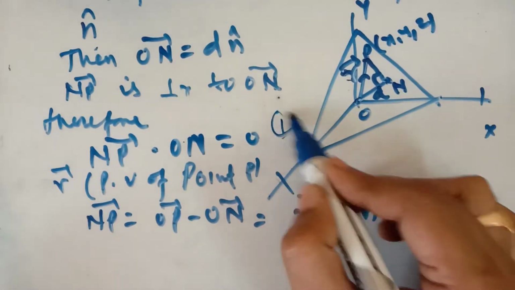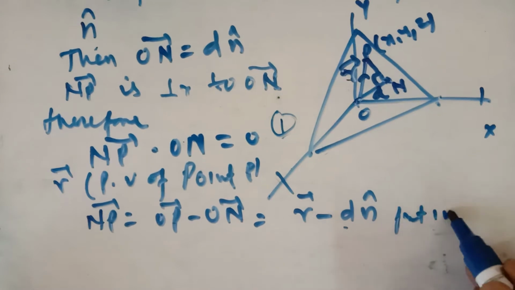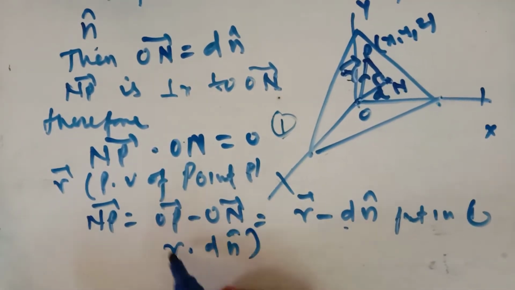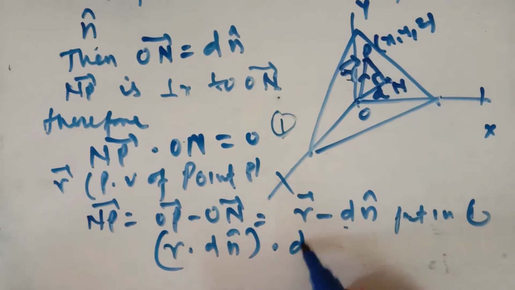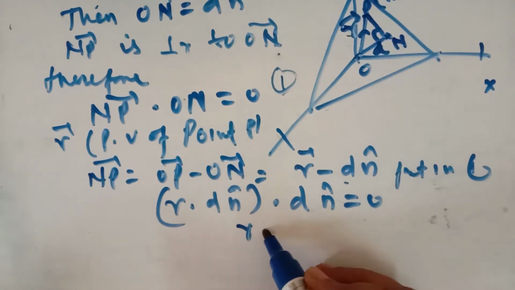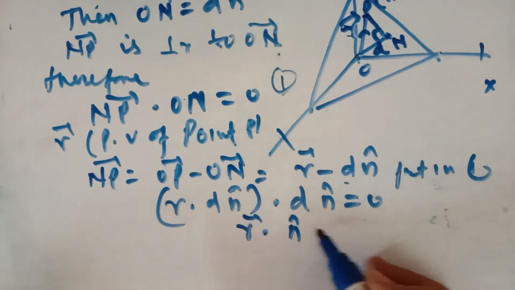Put in the 1, then you will get r dot (r minus d n cap) is equal to 0.